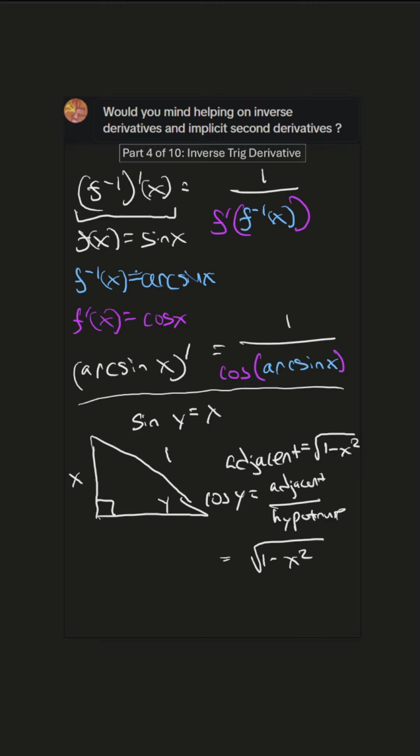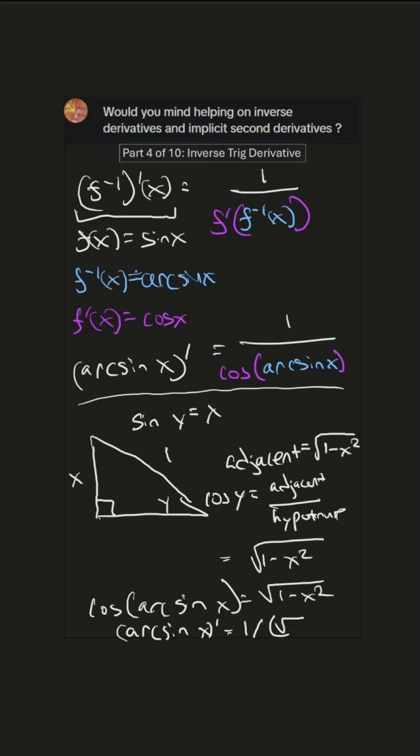And because y equals arcsine of x, we can say cosine of arcsine of x equals the square root of 1 minus x squared. So the final answer: arcsine of x prime equals 1 divided by square root of 1 minus x squared.